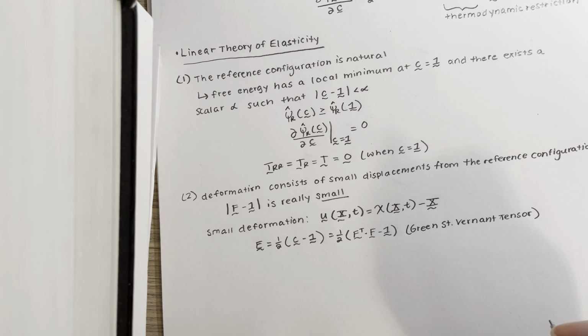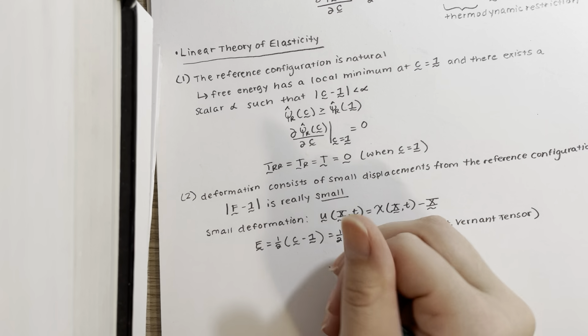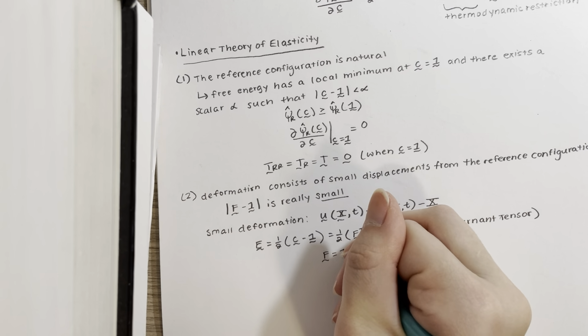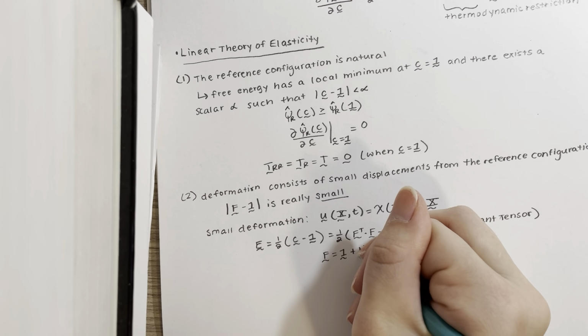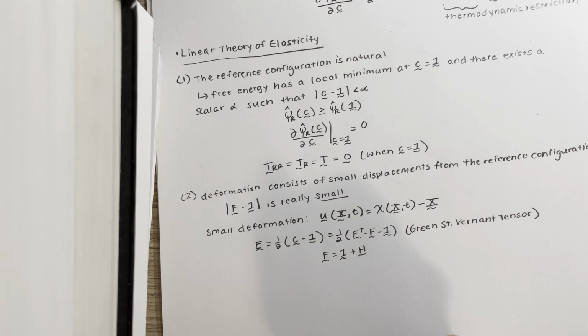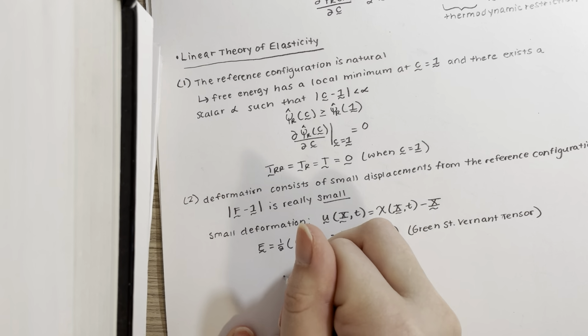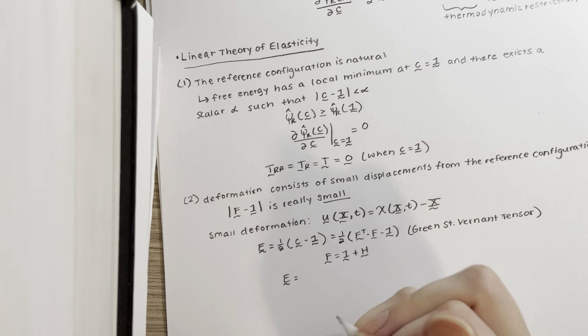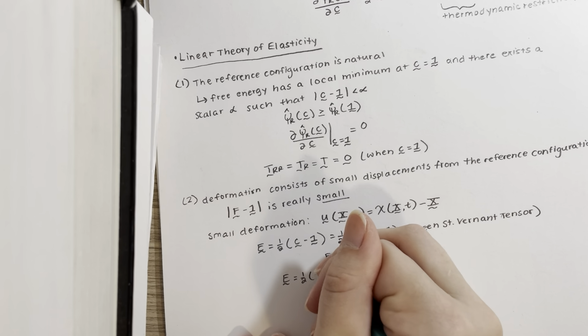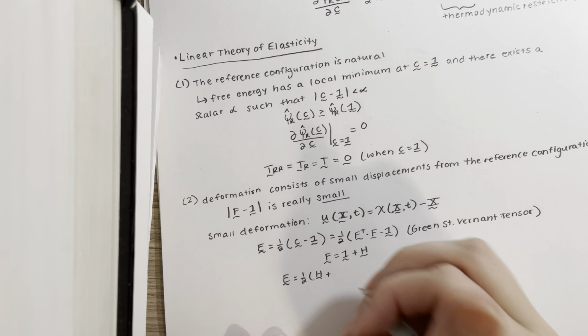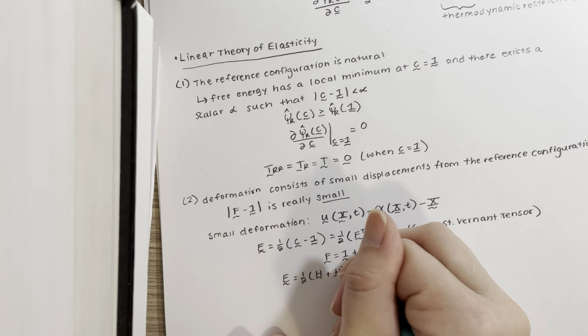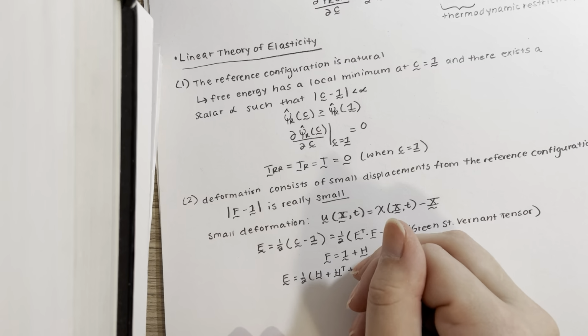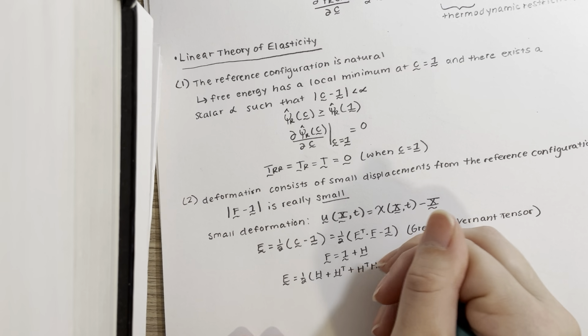And then we know that F is equal to the identity tensor plus H. And so we can rewrite our Green-St. Venant tensor in terms of H. That would be E is equal to 1/2 of H plus H transpose plus H transpose times H.